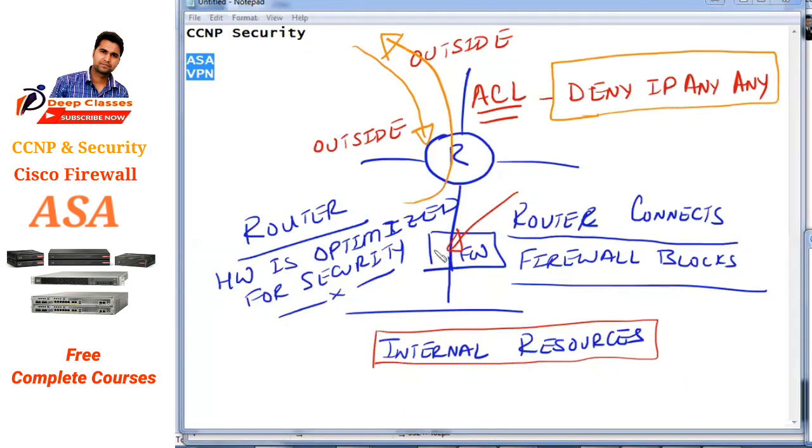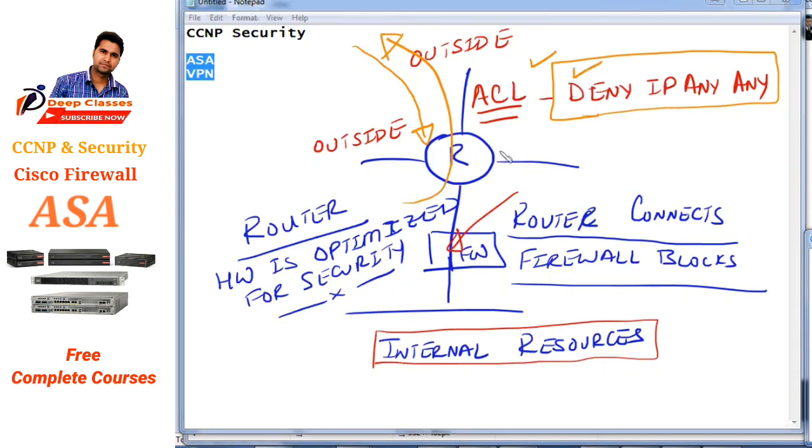It says deny IP any. So not only did this block my traffic coming from outside to inside, but it also blocked my request that went out. It went out no problem because I didn't block it from in to out. But when it came back, as a return packet, so I sent a request to a website and the website is responding back, the response will be blocked based on this ACL.